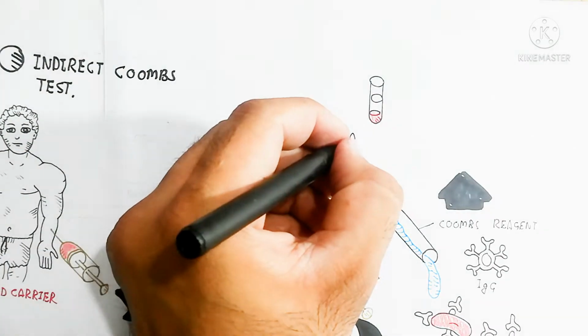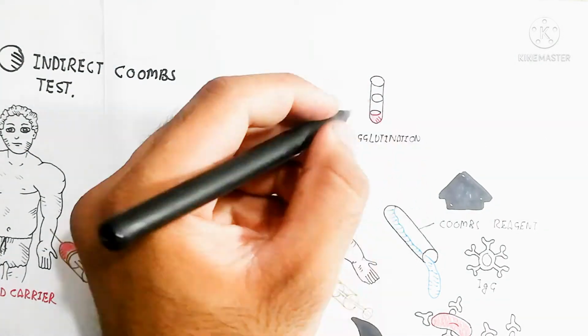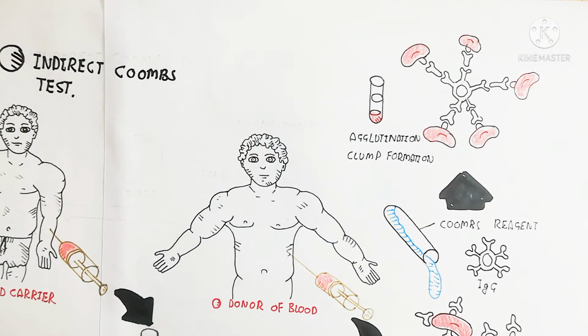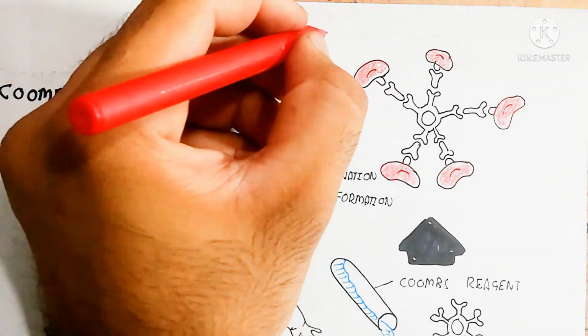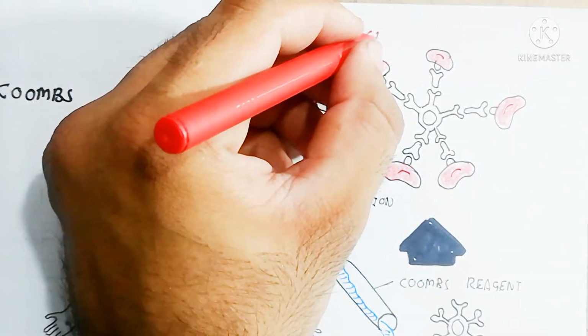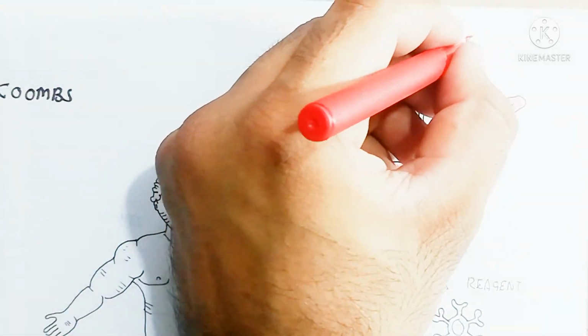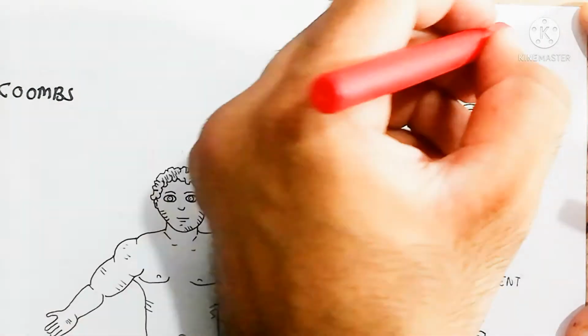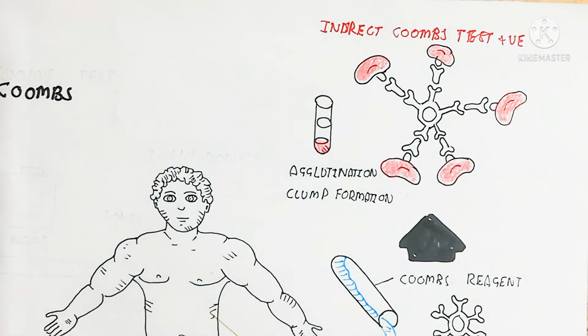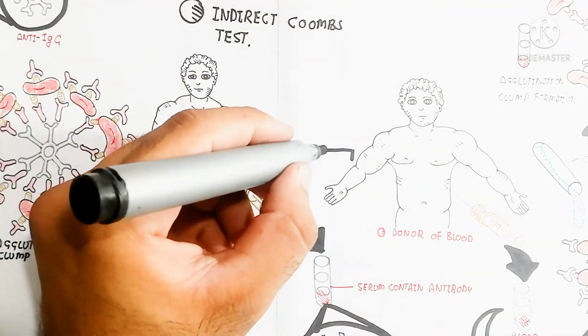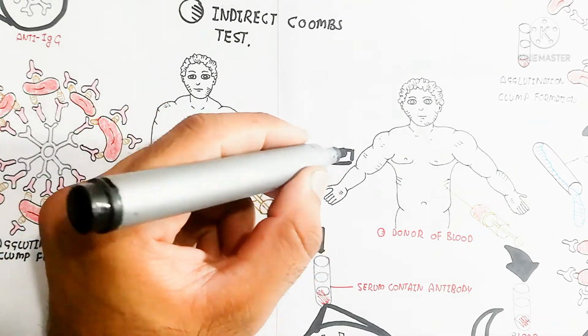So it means the donor's blood can give agglutination, the carrier's antibodies attacking it. So that means we will not give the blood if that reaction occurs. So I can't donate to people who have antibodies against the antigen present in the carrier, while the donor's red blood cell antigen is attacked by the carrier's antibodies.